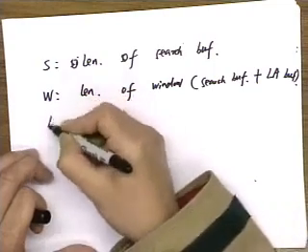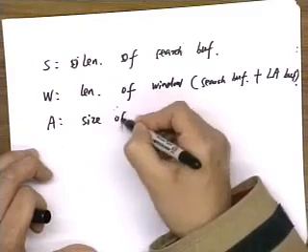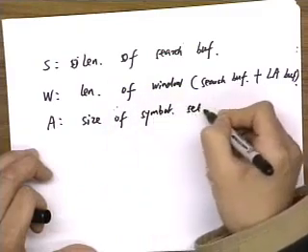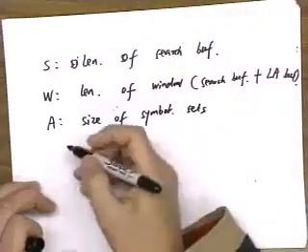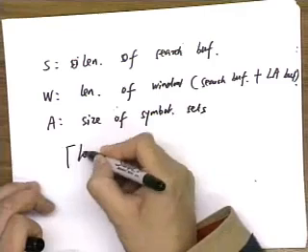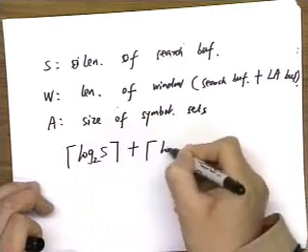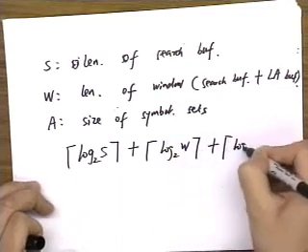And we use A to denote the size of the symbol set. In order to transmit this triple, the number of bits we need is the upper bound of log2 S plus log2 W plus log2 A.